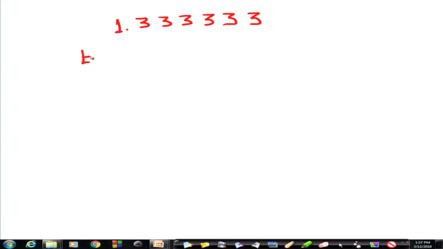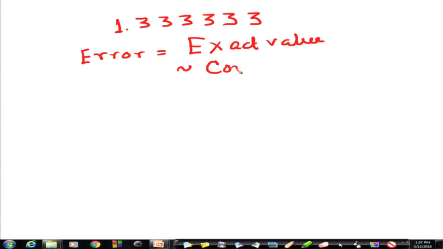So, what is the error? Error in computation is the difference of the exact value and the computed value. It can be positive or negative.